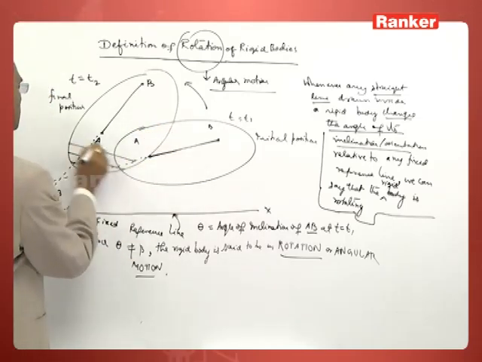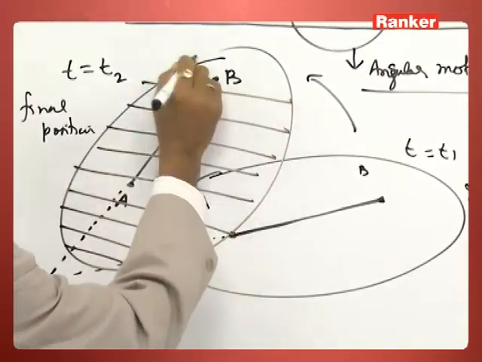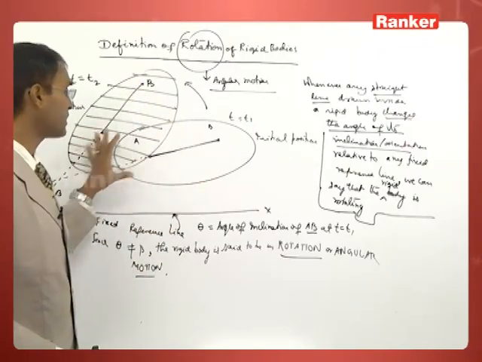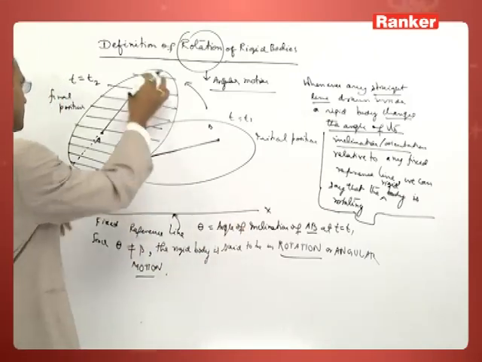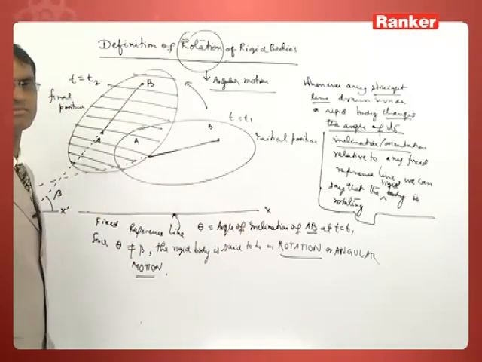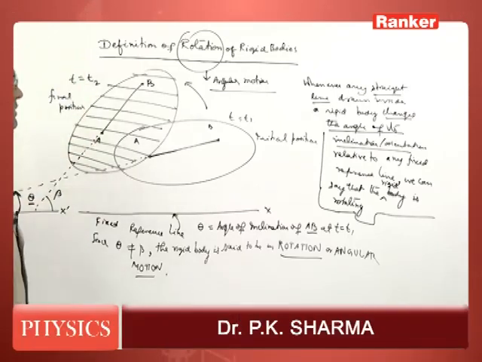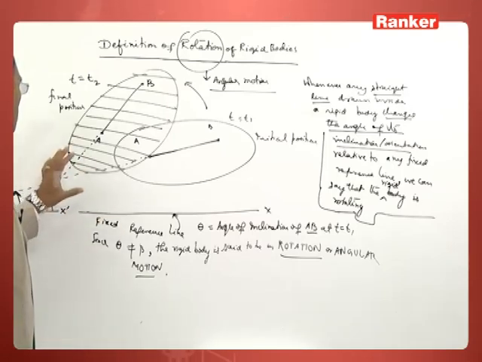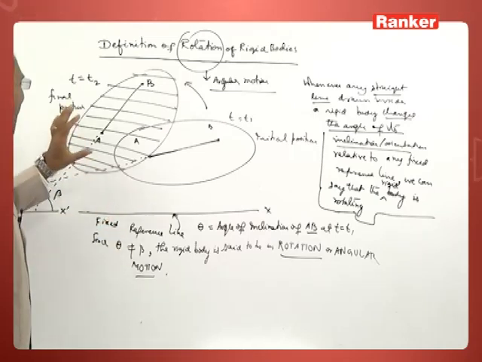This is the final position of the rigid body, and this is the initial position. The shaded diagram is the final position. The plain diagram is the initial position of the rigid body. This itself is the rigid body. So, with this concept, I can tell you the meaning of angular velocity.